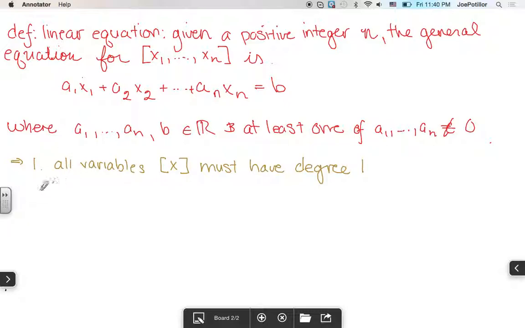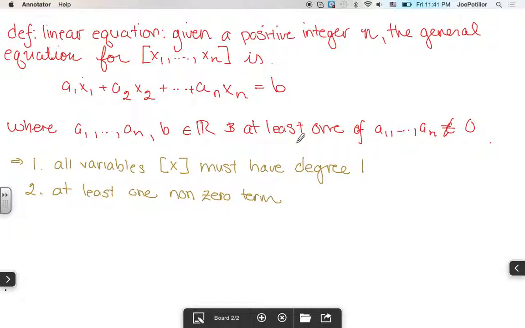The second characteristic: there has to be at least one non-zero term. That is to say, you can't have a line if you don't have a term to work with.